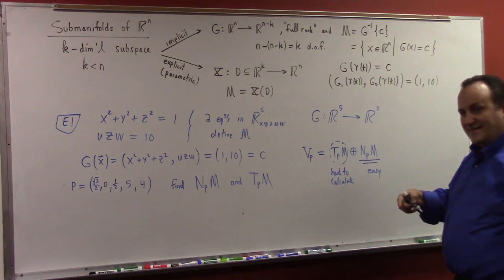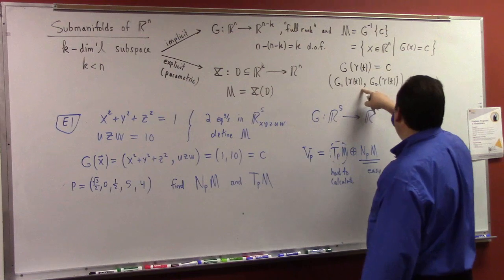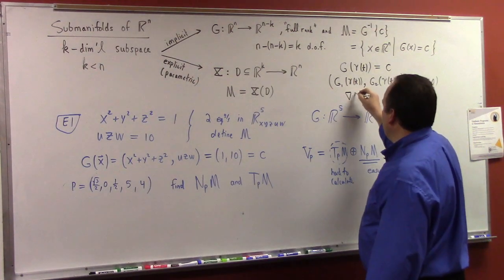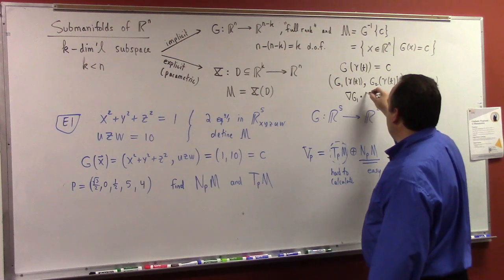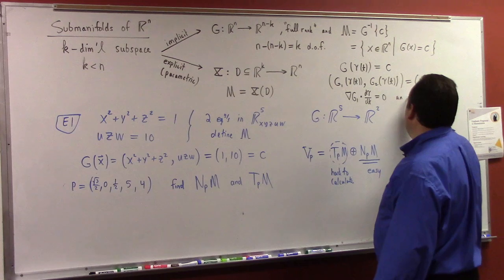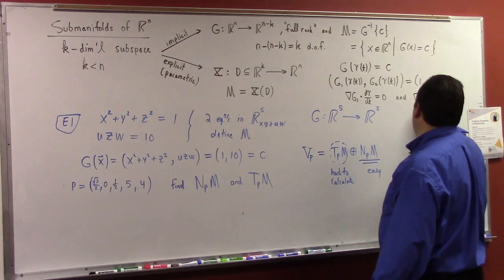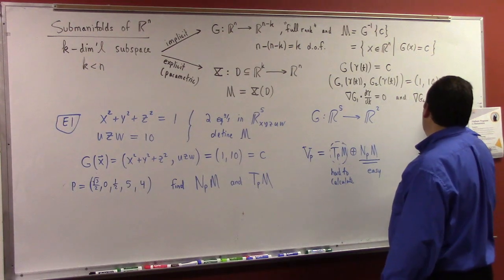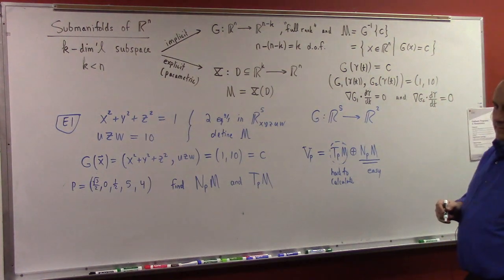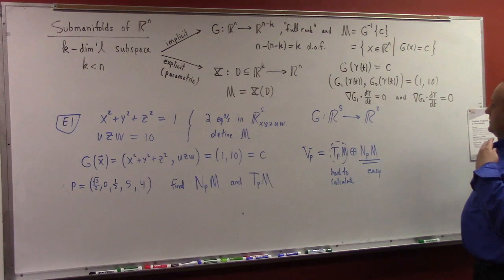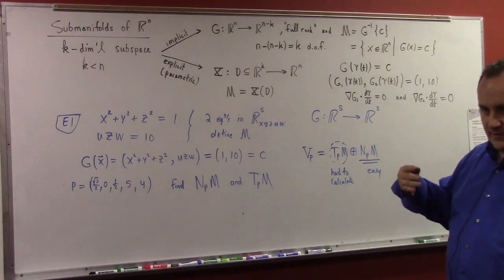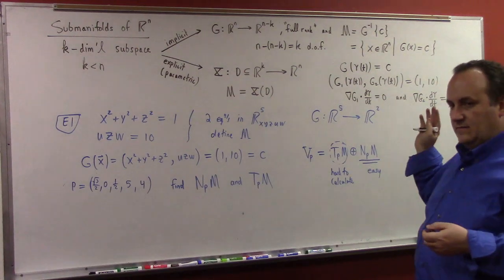So if I differentiate these with respect to time, the chain rule tells me that the gradient of G1 dotted with d gamma dt is equal to 0, and the gradient of G2 dotted with d gamma dt is equal to 0. But this is for arbitrary tangent vectors. Therefore, these must be normal.